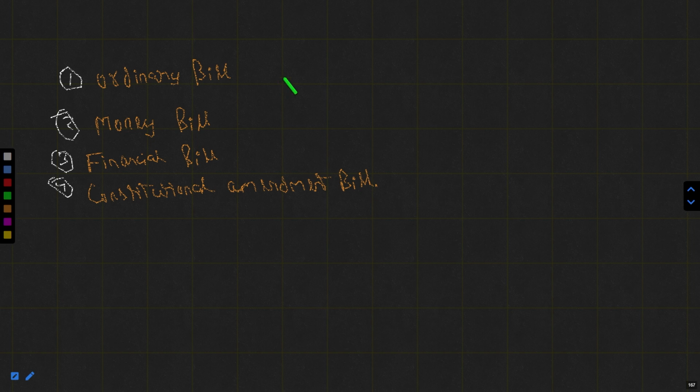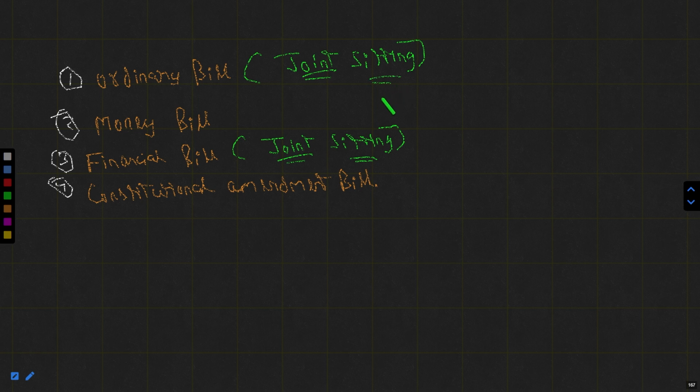So basically, the ordinary bill has the provision of joint sitting and the financial bill will have the provision of joint sitting. All right.